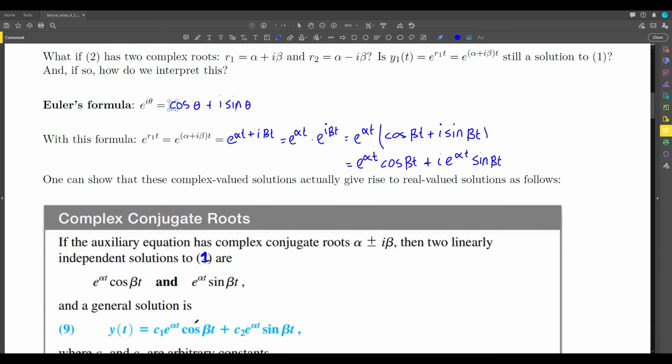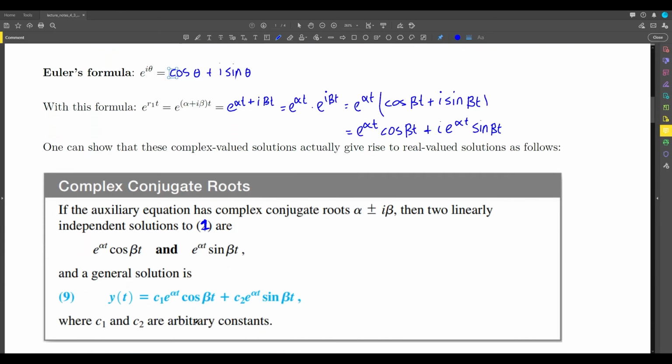And a general solution is then given by y(t) = c1 e^(alpha t) cosine beta t + c2 e^(alpha t) sine beta t, where c1 and c2 are arbitrary constants.